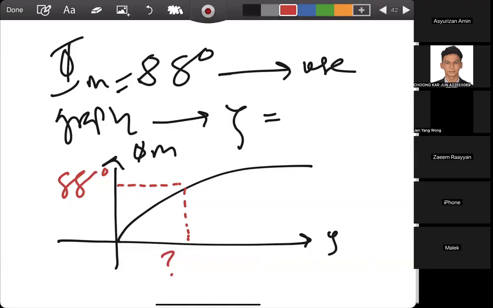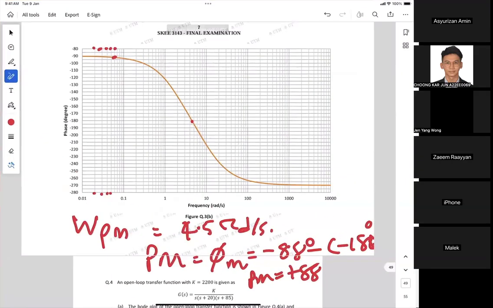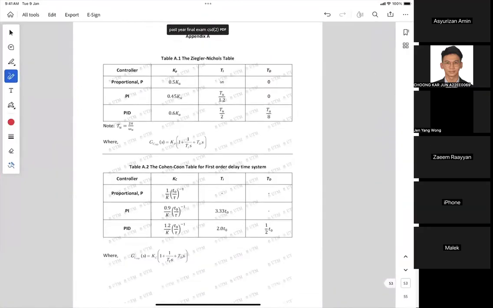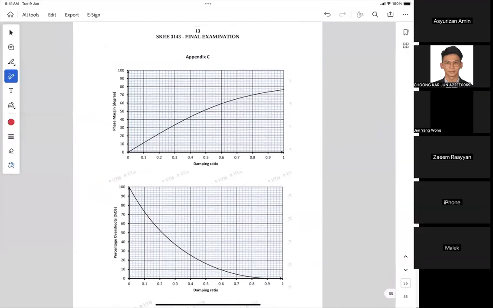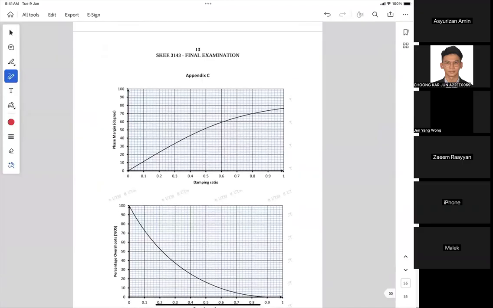Please help. This graph, 88 degrees. 88 degrees somewhere here, guys. Alamak. Cannot find it. Does it touch the curve?